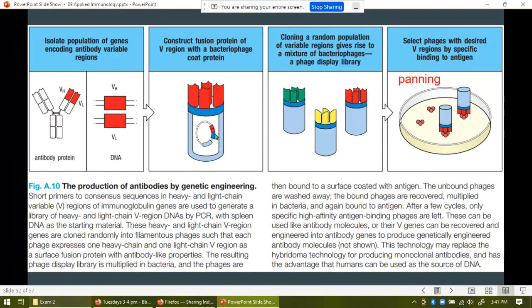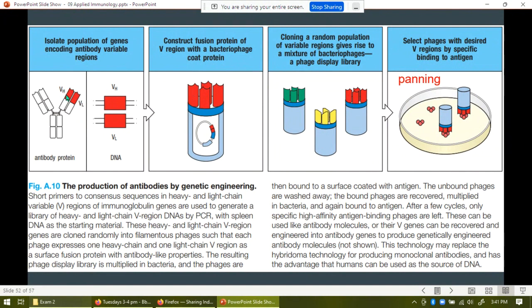You're going to place it on the phage genome right next to basically the top of the phage. Okay, so now the top of the bacteriophage contains little antibody pieces linked to what would normally be found there.